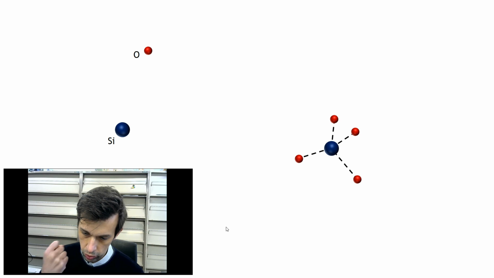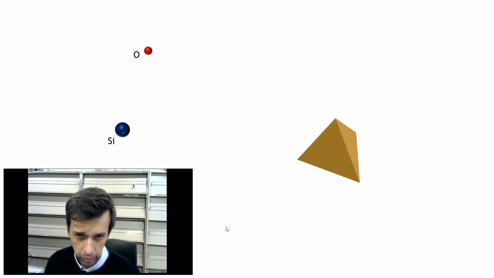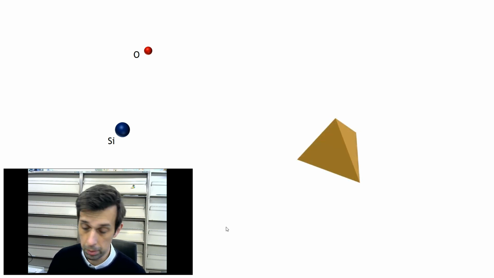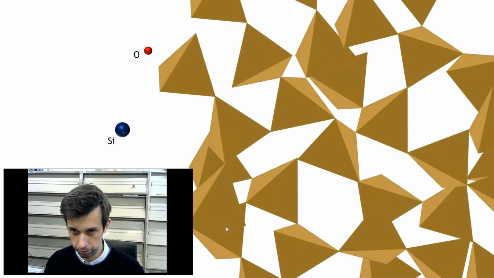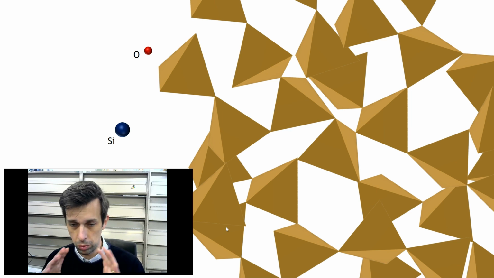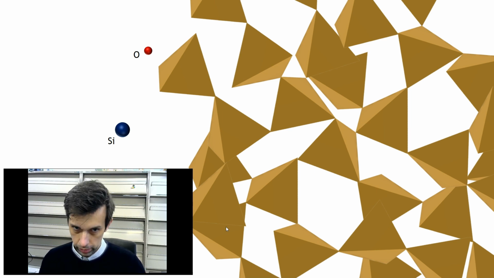Each one of these oxygen atoms has another bond, and as this bond goes to another silicon, so to another tetrahedron, this generates a three-dimensional structure in which every tetrahedron is connected to four tetrahedra, and it gets very messy and very difficult to represent in a 2D drawing like this. So I will not use it.